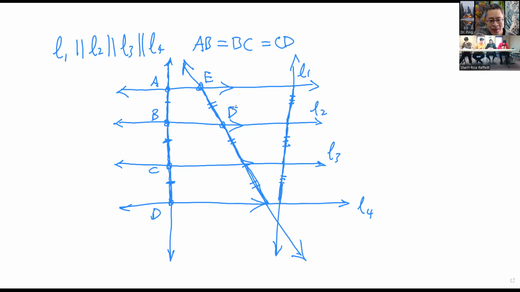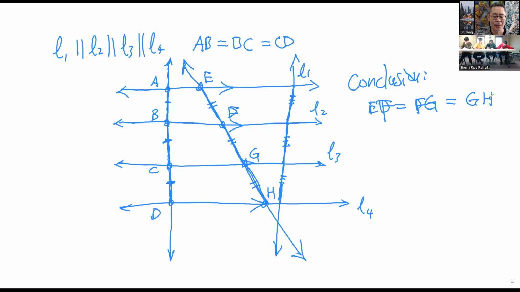A, B, C, D, E, F, G, H. So the conclusion, and it's actually something we need to prove, is that EF is equal to FG, and that is equal to GH. All right, so how do we prove that?